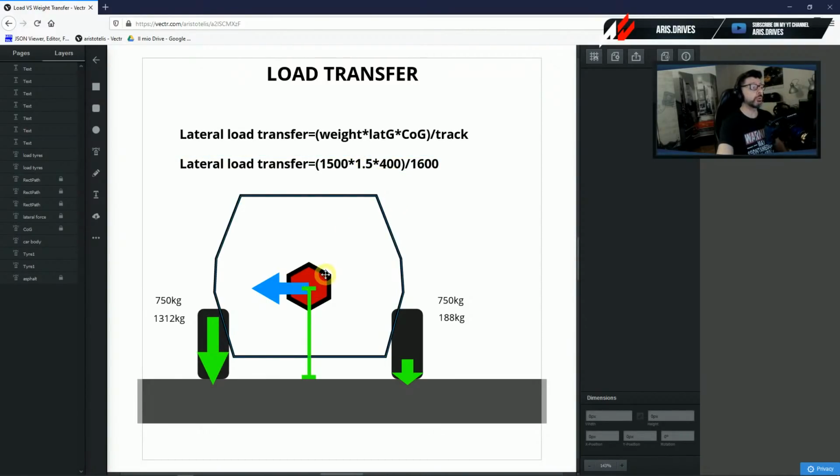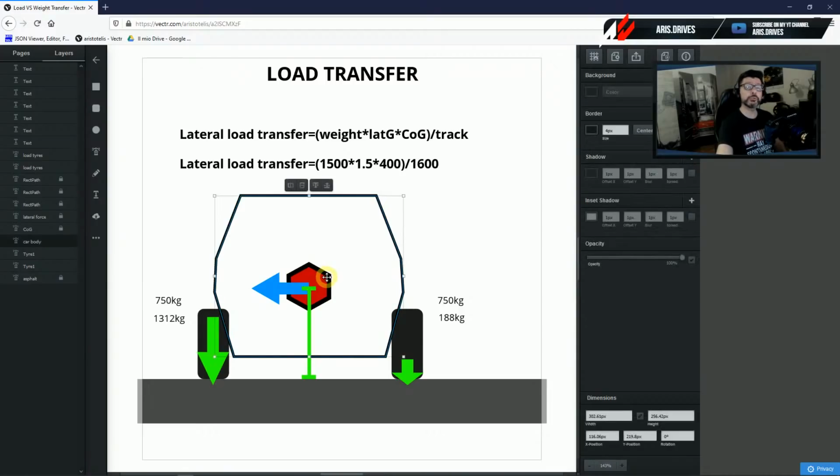It depends on the center of gravity height. That is why single-seaters can accelerate much faster, because their center of gravity is lower. Lower center of gravity means less weight transfer, and the less load transfer you have, the more grip you can create. I will explain why in a minute.